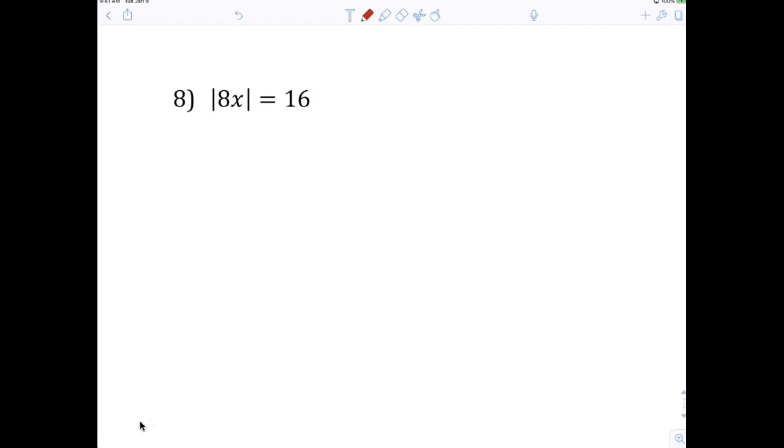What's inside the parentheses, Thomas? 8x equals what? Good job, Thomas. Now you have to write the second equation. The second equation comes from what's inside again, and it's always equal to the negative. What's the negative of that? Instead of 16, there you go, Thomas. That was not that hard for you.